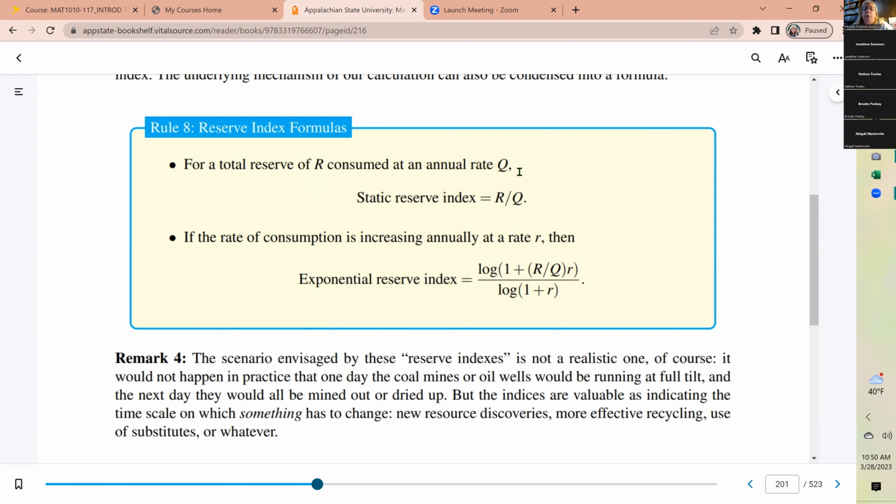That's what Q is. So it is a rate, but it's a rate in the same units as the amount, where this lowercase r is a percent. So the first one, static, does not use the percent, only exponential does. And that's for number 3.